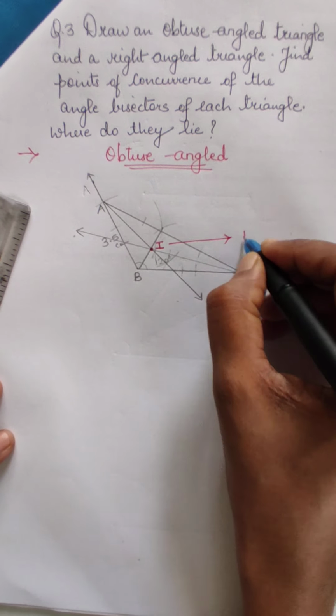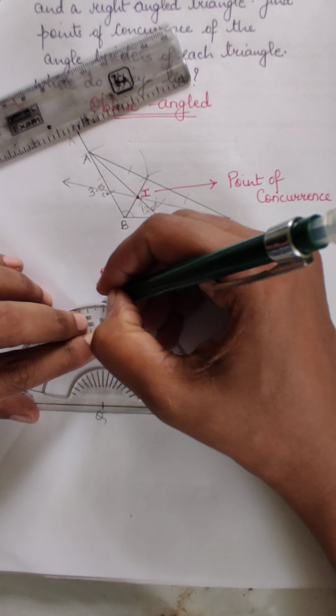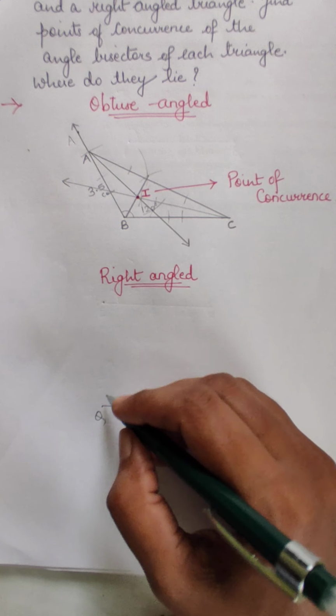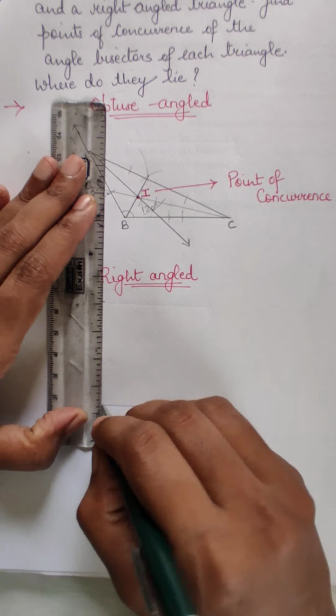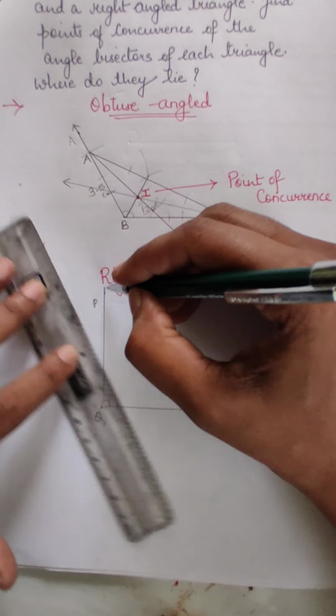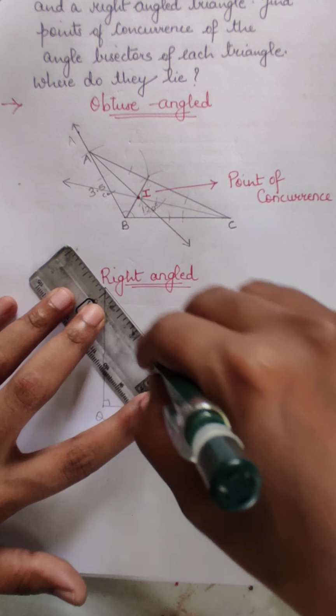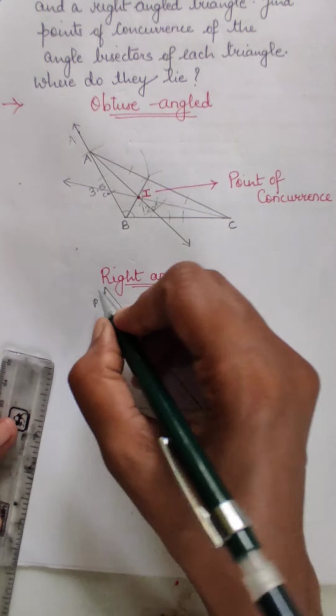And angle Q is 90 degree as it is a right angle triangle. Then I'll draw this line. This is point P, and I'll randomly join this. So this is my triangle PQR.